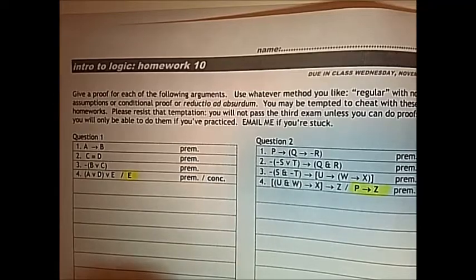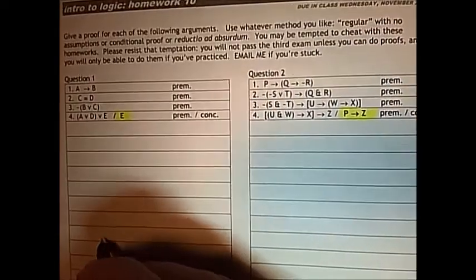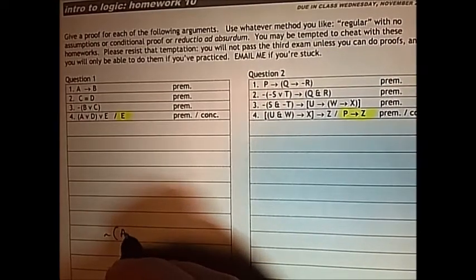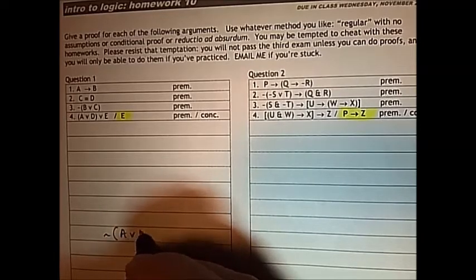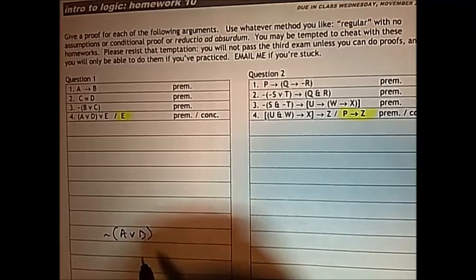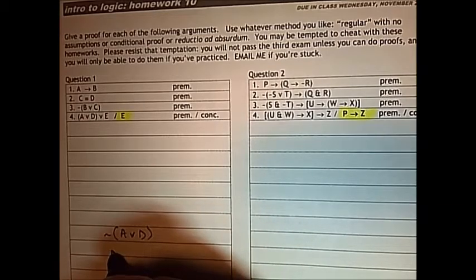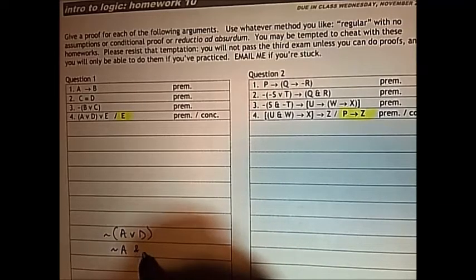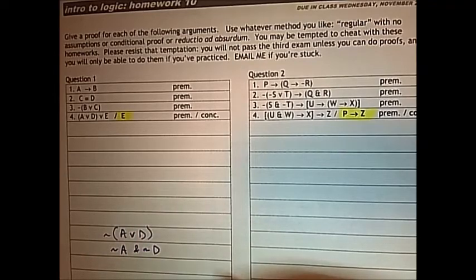So you make a little note to yourself on scrap paper, I want to get this. And then you think to yourself, well, how can I get that? Well, remember that this is equivalent to not A and not D by De Morgan's law.